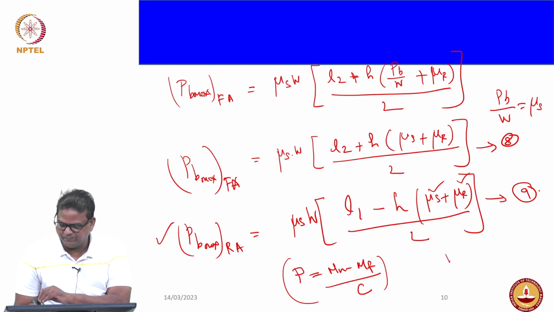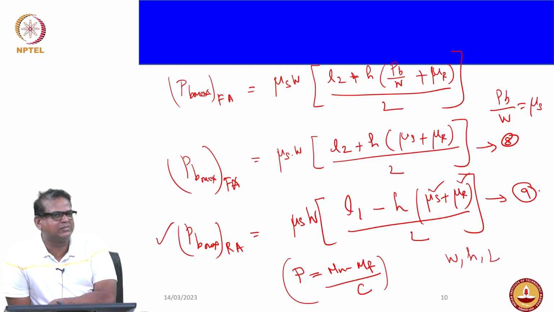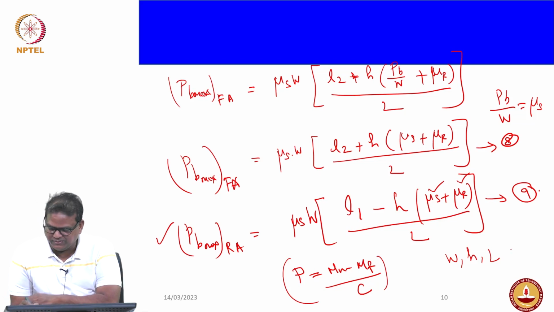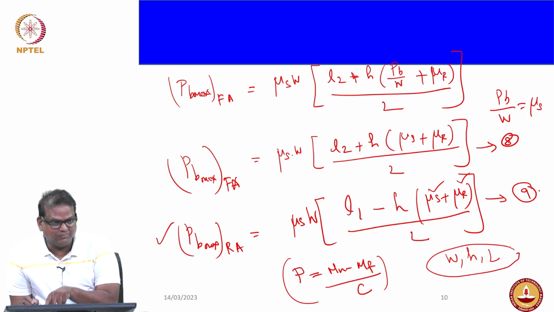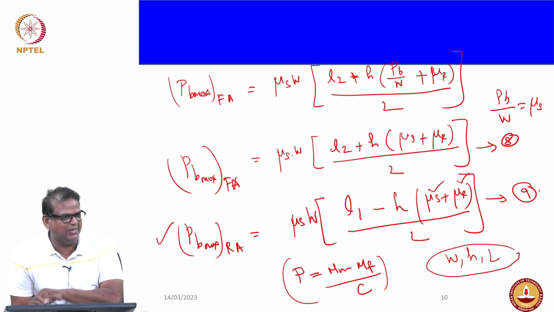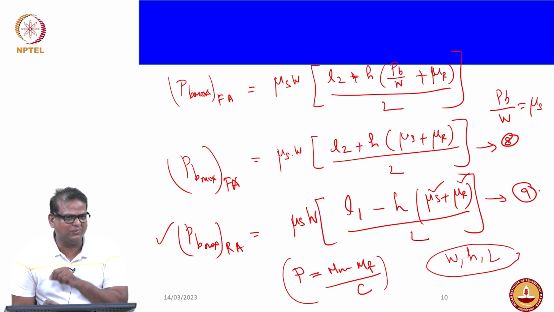Your weight, H and L. Now can you see how these dimensions are crucial for designing your brake? These are very important. Are they fixed or variable? They are fixed values.